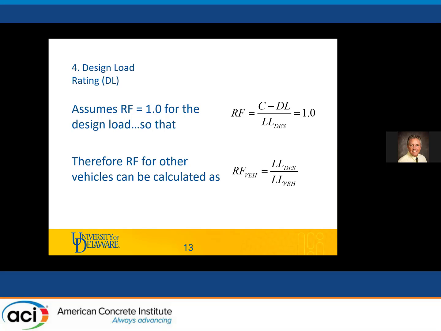It basically says, if the bridge is performing okay, we're going to say that its rating factor for the design load is equal to 1. We're going to assume that. From that, we're able to determine what the capacity minus the dead load would be. And based on that, using ratios for other vehicles, we can determine the rating factors.